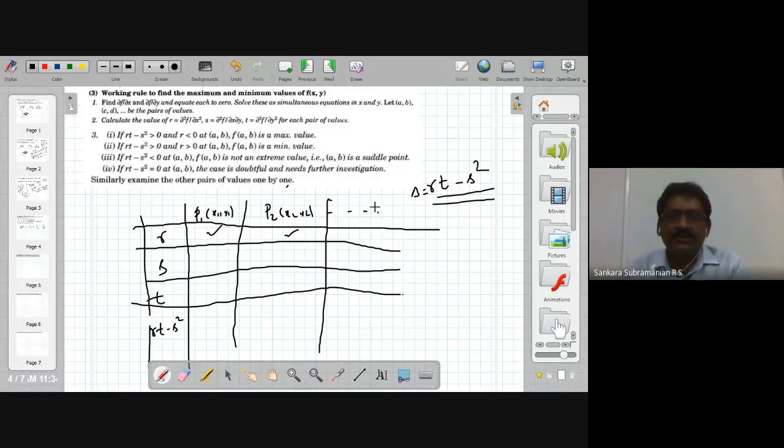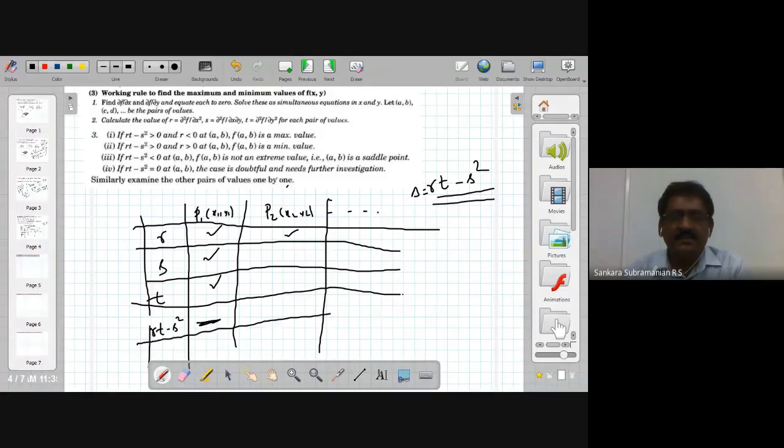However many stationary points you have, you go across those points and fill the tabulation column. So this is R, this is S, this is T, and the RT minus S square value will be placed here.